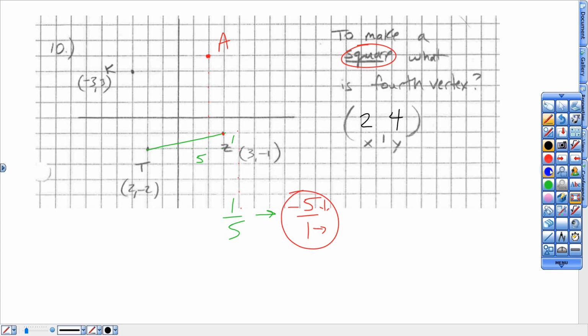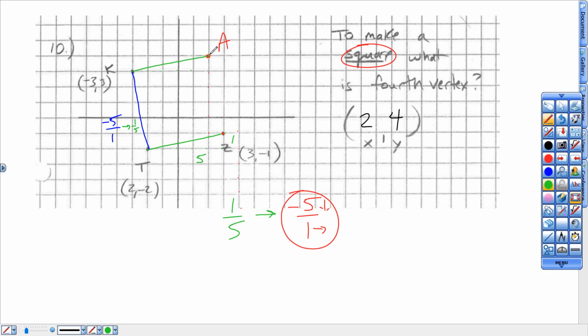Of course, if I came at it from this one's slope, this one looks like I'm going over 1, down 5. I could come at that with the reciprocal slope 1/5 through here. So 1, 2, 3, 4, 5, up 1 if I wanted to get A from that approach. But again, 2, 4.